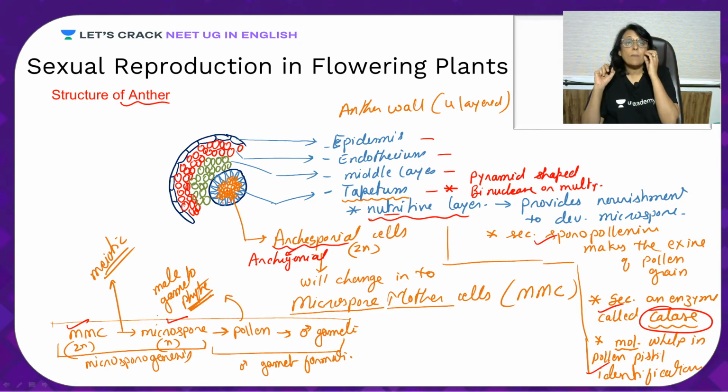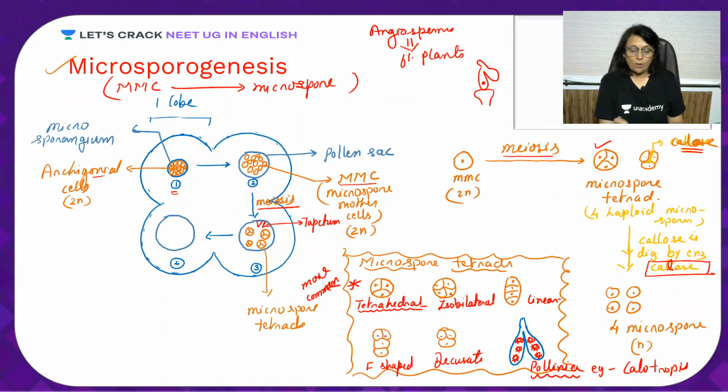So the number of nuclei inside them is more, or sometimes they have one nucleus but the genetic content is more, because they have to synthesize more and more material. So this is about tapetum. Alright, so this is the part which is called microsporogenesis. Clear this much part?